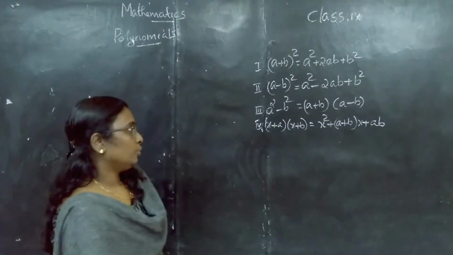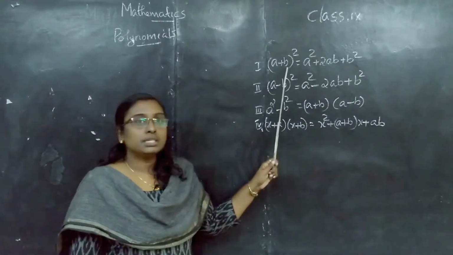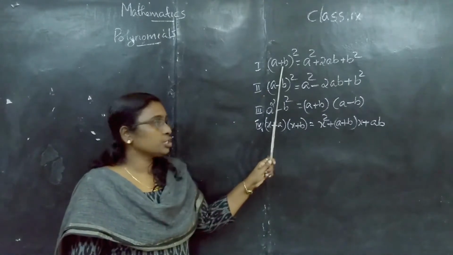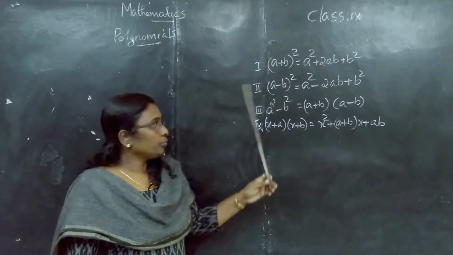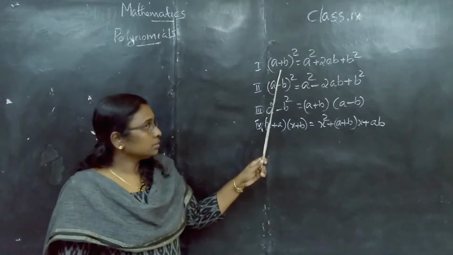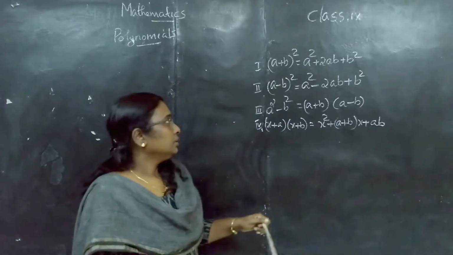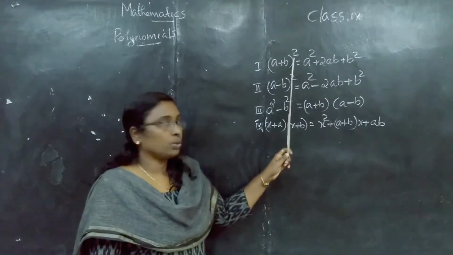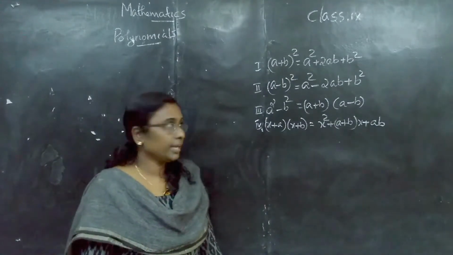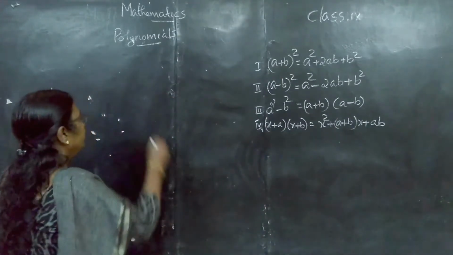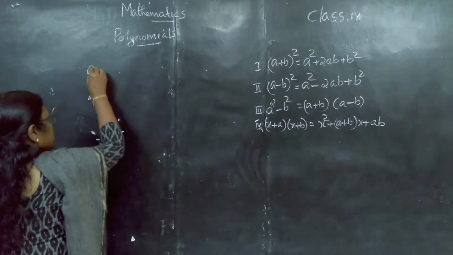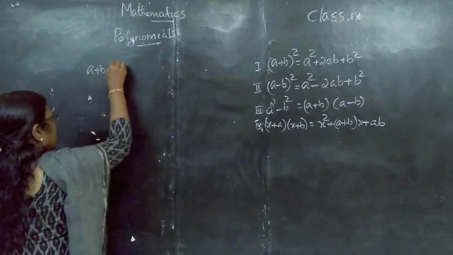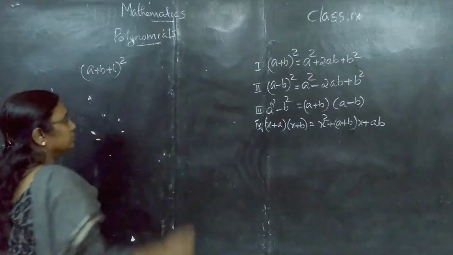This is a binomial. It has two terms. So, we can use these identities to find the square of a trinomial. Listen here. (a plus b plus c) the whole square.